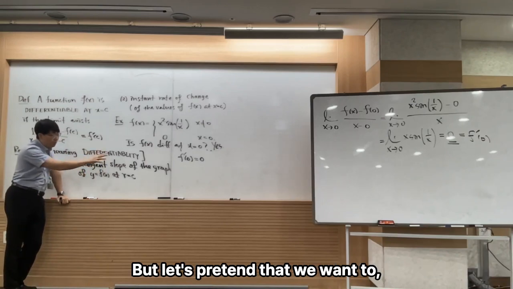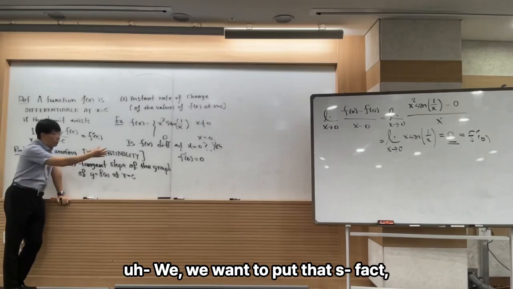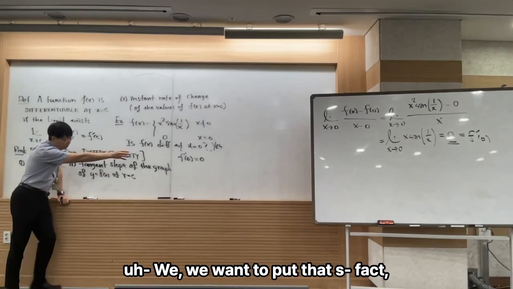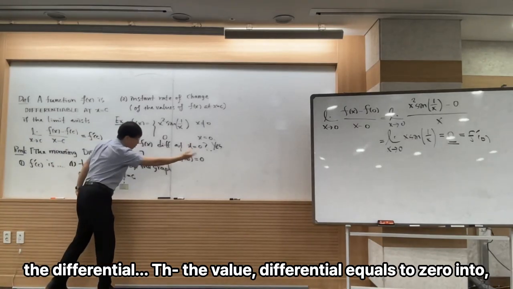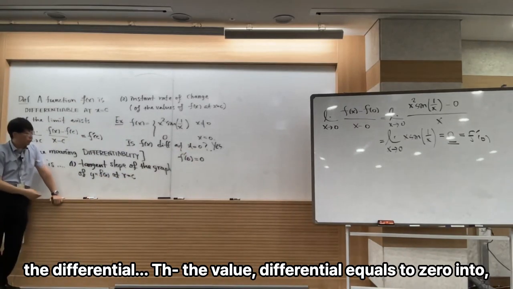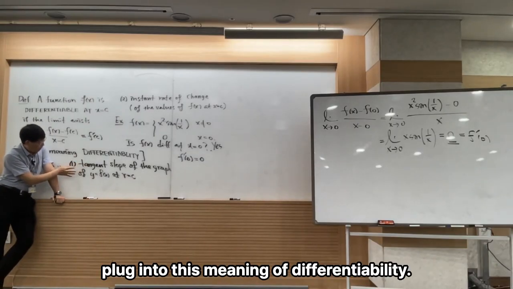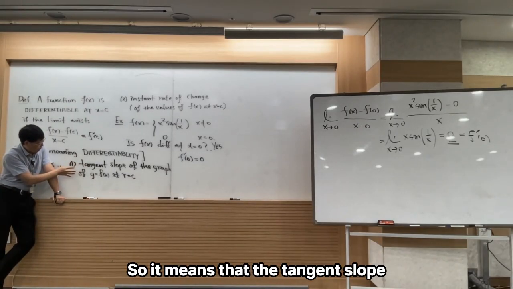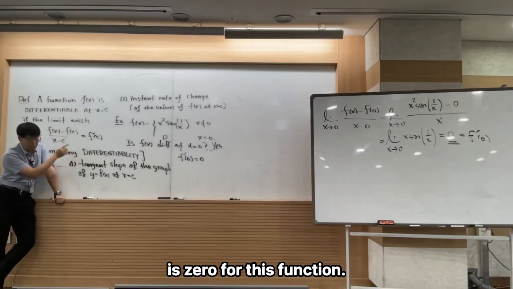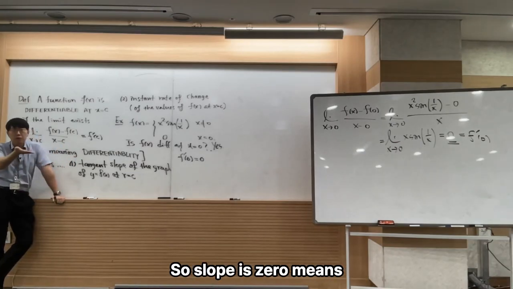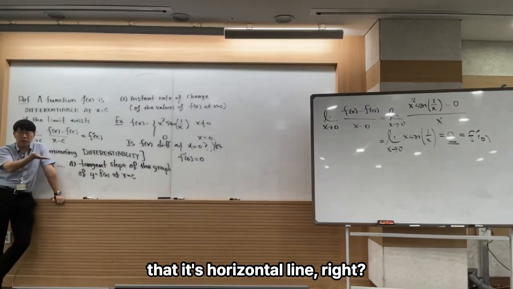But let's pretend that we want to plug the fact that the differential equals 0 into this meaning of differentiability. So it means that the tangent slope is 0 for this function. Slope is 0 means that it's a horizontal line, right?